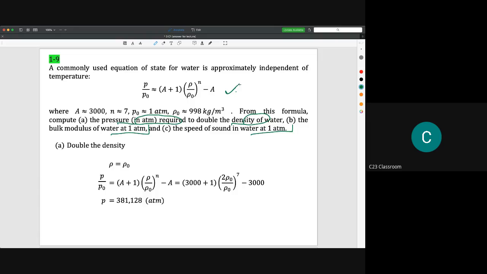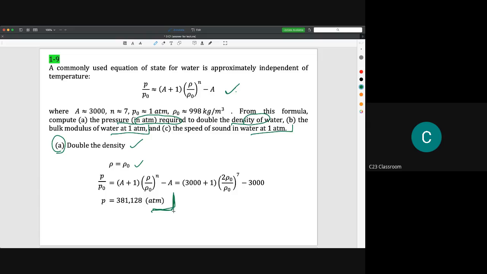For part A here, we need to double the density. So we have rho equal to 2 rho naught, and then we substitute the value. We have A equal to 3000, from the textbook. It is the coefficient for this calculation. We have n is 7 and so on. So we get 300,000 ATM.